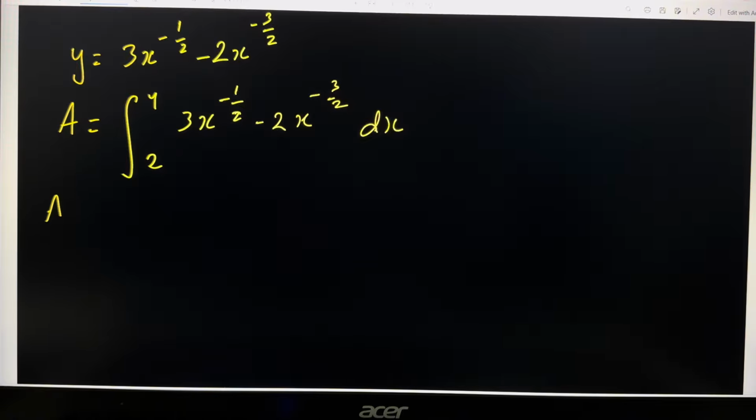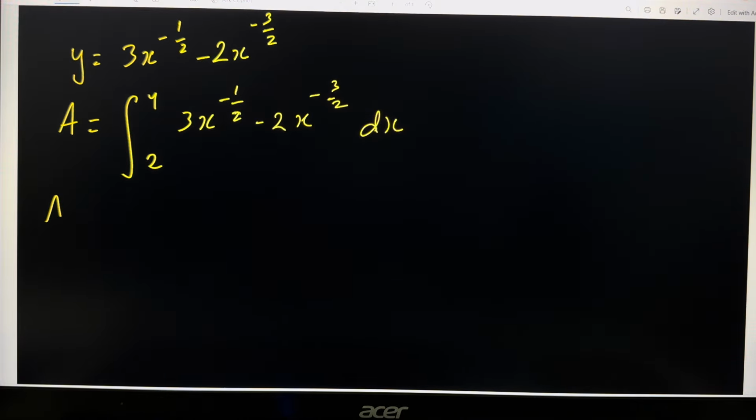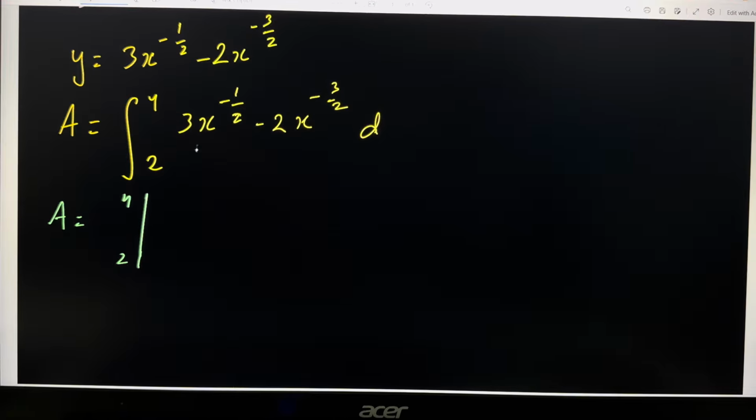Okay, let me use another color. All right, so A is equal to the integration from 2 to 4, because I'm going to integrate it.